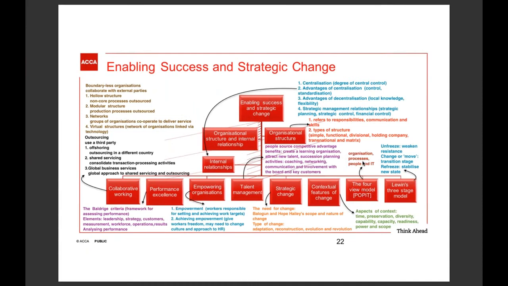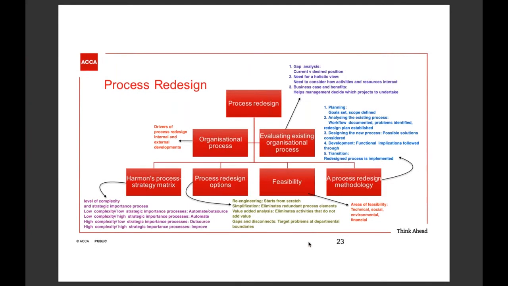So the affected process needs to be redesigned or redone, or you need to find a different way of processing it. What it means is you need to change this process. So that's where process redesign comes in.